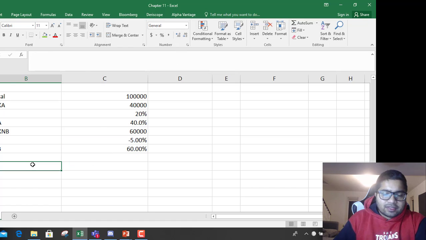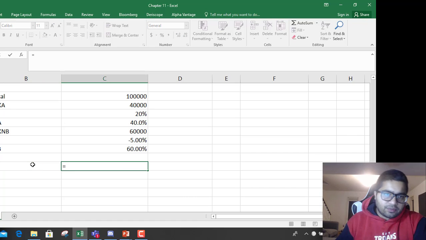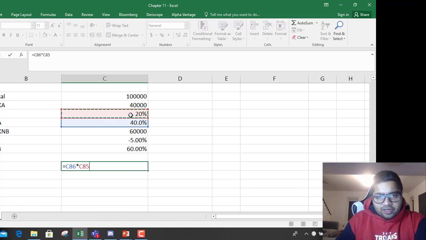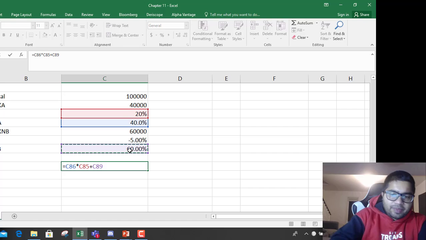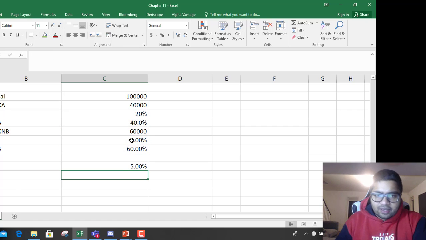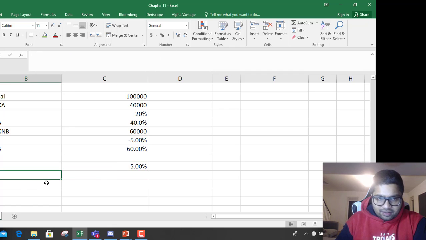Okay, so let's calculate portfolio return. So returns on portfolio equals the weight of asset A into return of asset A plus weight of asset B into the return of asset B. So total portfolio returns are 5%.